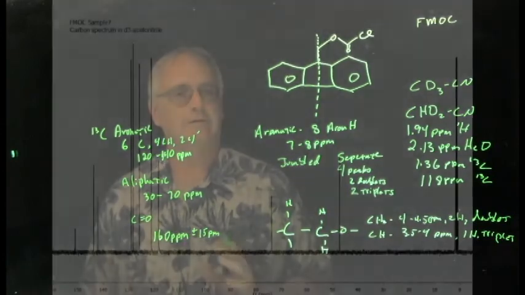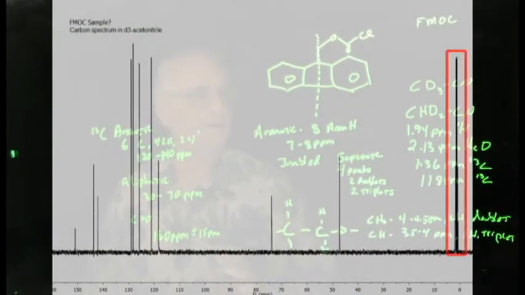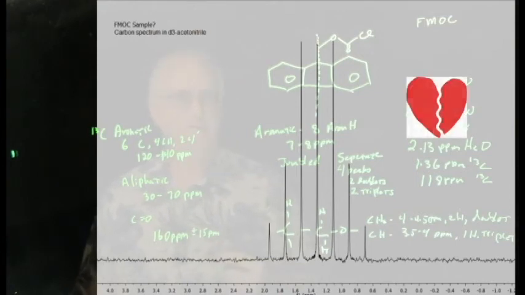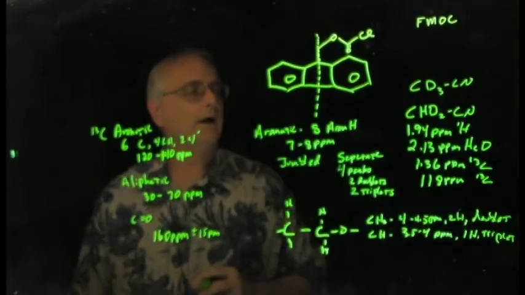And in this particular sample, we do, okay? They're very lovely. 1.36 shows up very nicely. It is a marvelous, beautiful, almost heartbreakingly beautiful septet, and the nitrile carbon shows up very nicely as well. We make note of these right on the spectrum or something, that this is the solvent. We can ignore it.